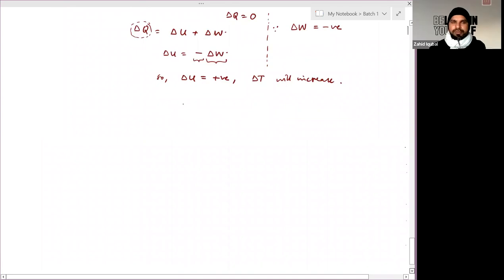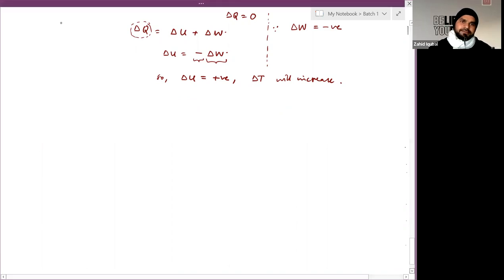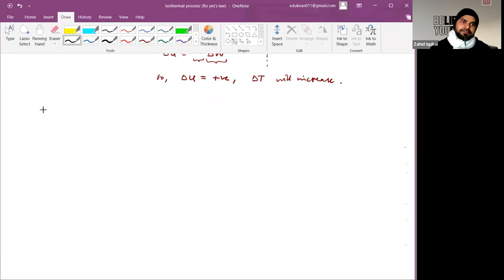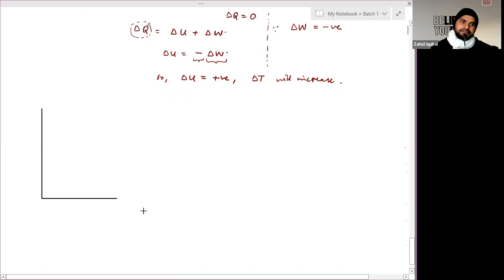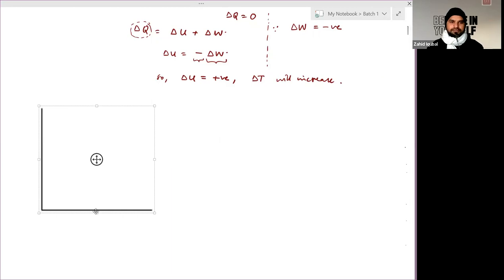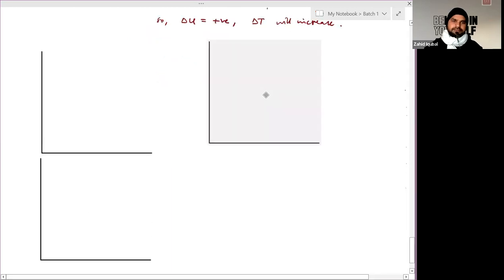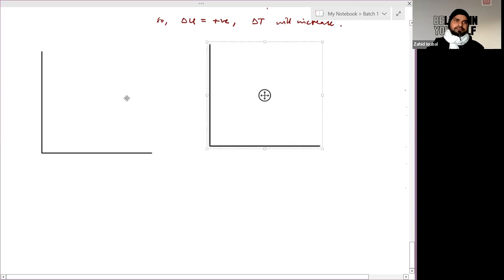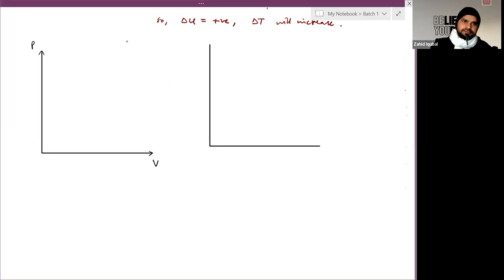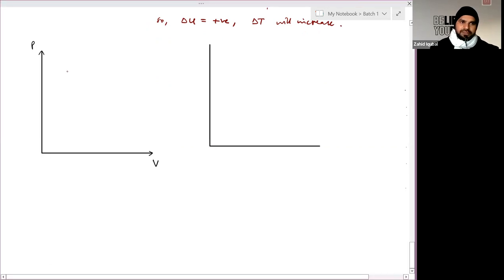Now, related to these different processes, you will be asked one question. Try to examine the graph related to this whole process. This is a pressure versus volume graph. One of the curves is this.